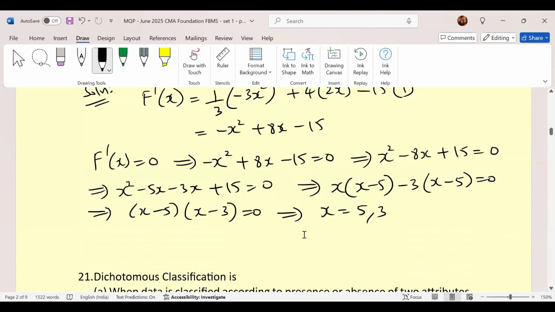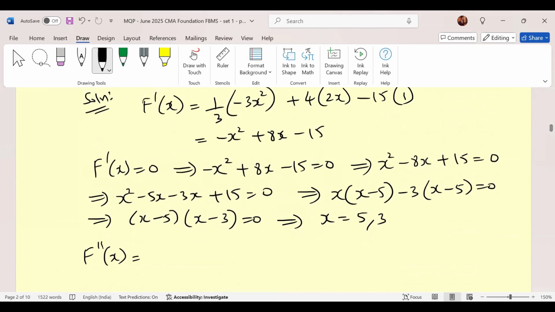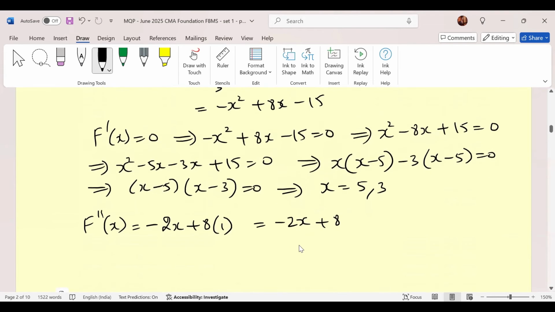Now let us find out f double dash of x, second derivative. It is negative, if I differentiate x square, it is 2x plus 8. If I differentiate x, it is 1. So it is negative 2x plus 8. Now let us check what will be the value of f double dash of x if x takes 5.